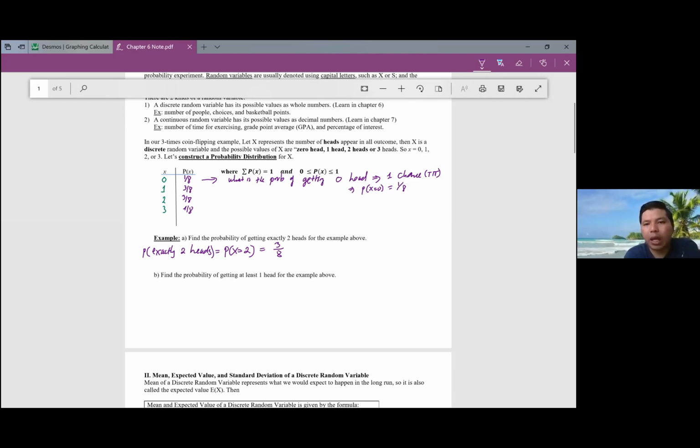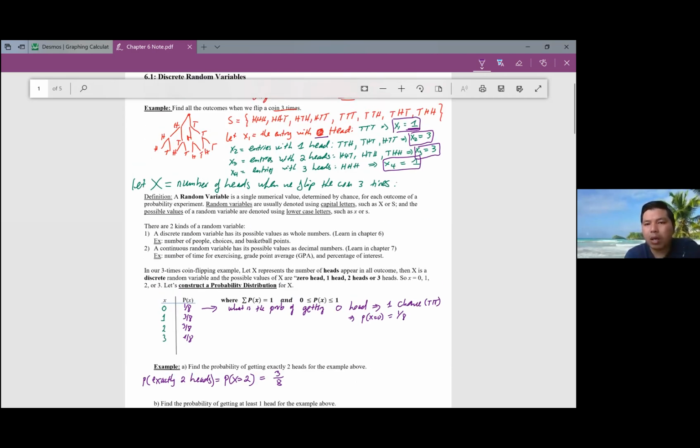When you look at the table, how many times do I get exactly 2 heads? You only get exactly 2 heads with head, head, tail, head, tail, head, or tail, head, head. So out of 8 outcomes, I will see 3 times I'm getting 2 heads. So that would be 3 out of 8.